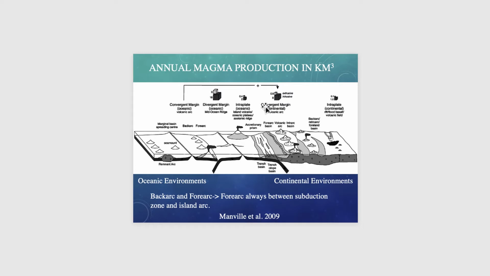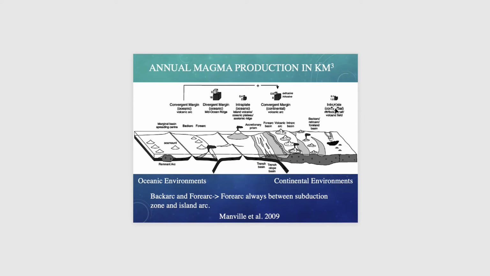On the top part, you still have the same type of consideration. So we remember that there is roughly a factor of 10 between magmatism that is associated with divergent margins and also convergent margins and other types of basically intraplate tectonics that quite often have a less volume of magma produced.